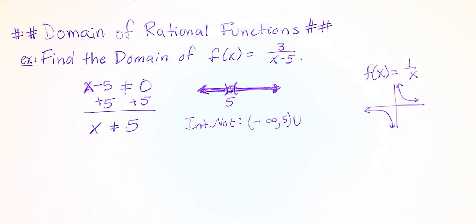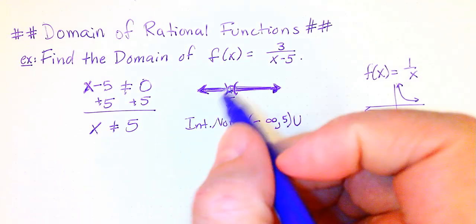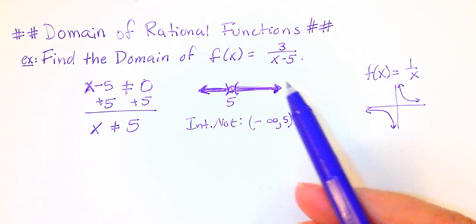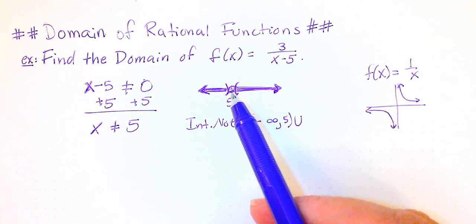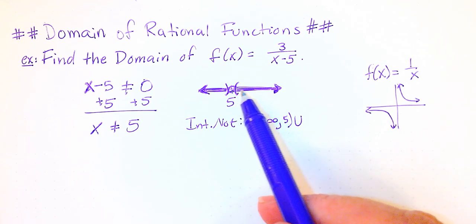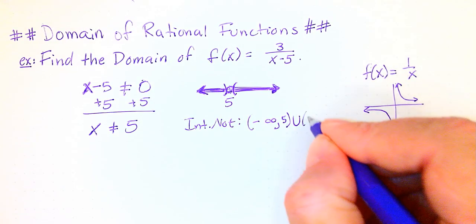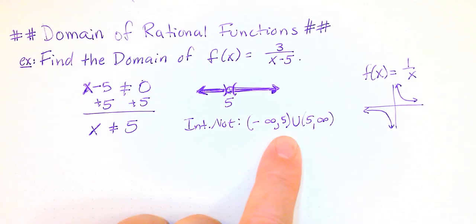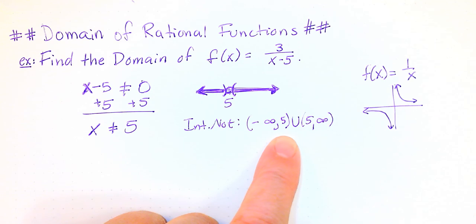It's not really joining them, it's just a way for us to write two separate intervals as the same answer. So it's going to be this and also this part. So we're going to have now 5 to infinity. So this would be the standard interval notation format for any rational function.